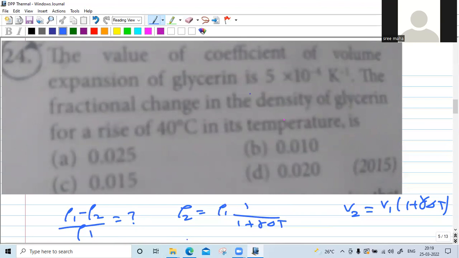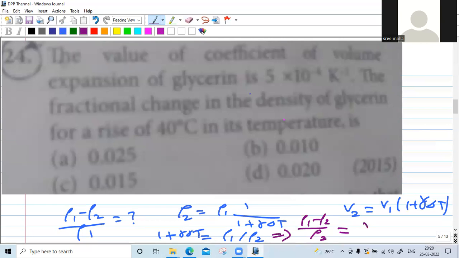From this you'll get rho 1 by rho 2 is 1 plus gamma delta T. So we'll get rho 1 minus rho 2 by rho 2.